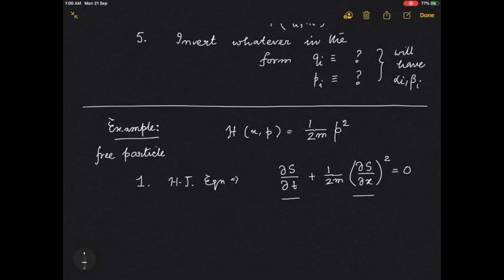Now I have a time derivative here and an x derivative here, and you see that H doesn't depend on time explicitly in this particular case, which means in the right hand side I cannot have any time dependence.